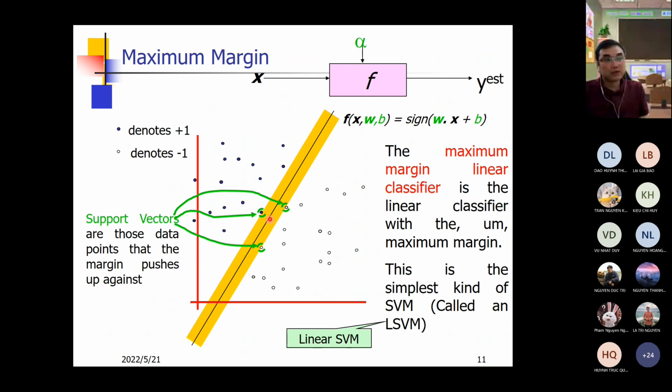So this closest data point is what we call a support vector. So that's why we have the name support vector machine, right?